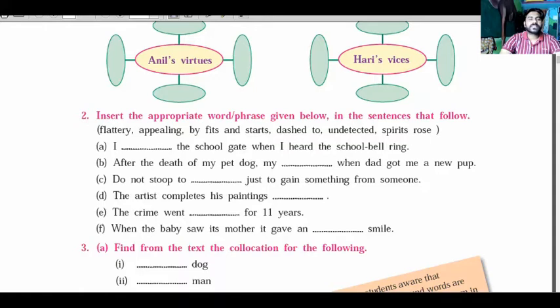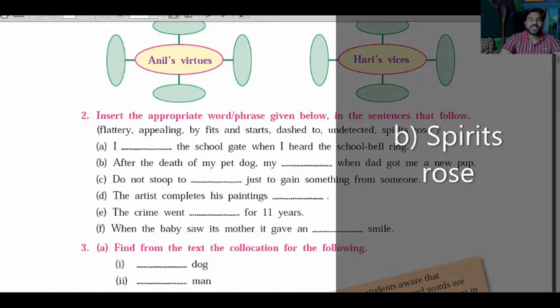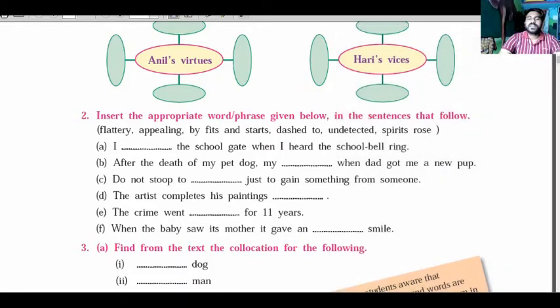Next, B: after the death of my pet dog, my dash dash when Dad got me a new pup. New pup means new dog. Here we have to put spirits rose, because when I got a new pup, my spirits rose. So that's why we write spirits rose.